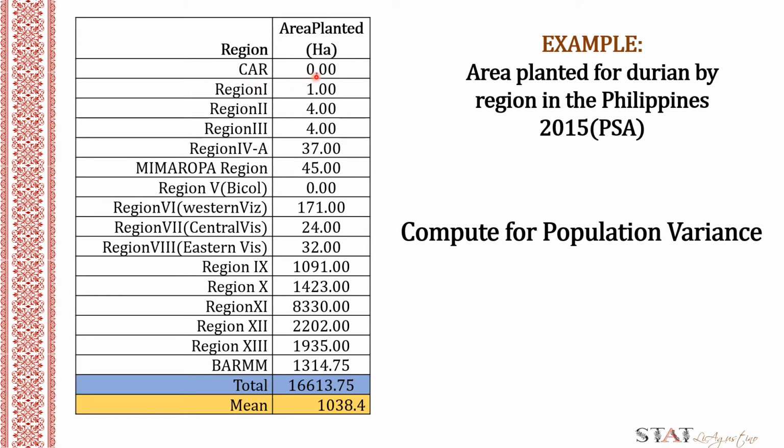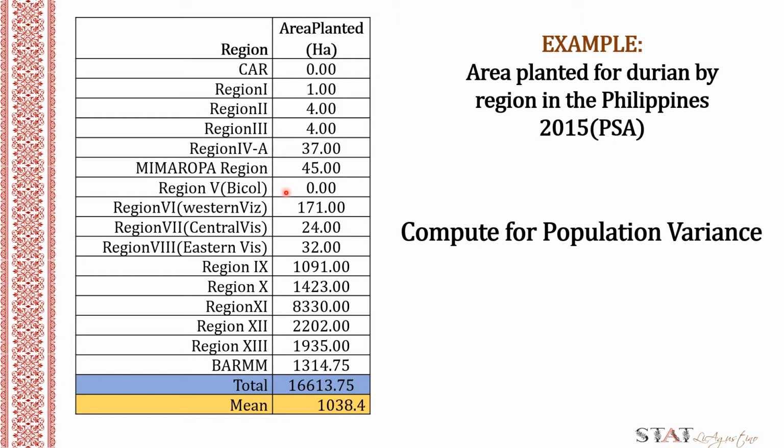We have 0, meaning there is no durian in that area, and then only 1 hectare. Remember, this is in hectare units. In region 1, 4 hectares. In region 2, 4 hectares. In region 3, 37 hectares. In region 4A, I think that's Calabarzon. And then Mimaropa region, 45 hectares.